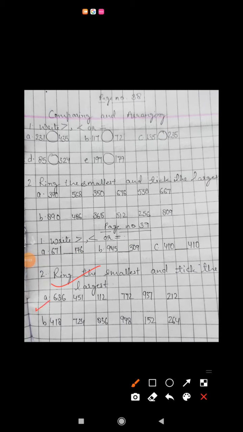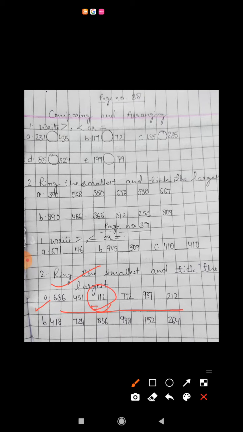A part, the numbers given are 636, 451, 112, 772, 937, 212. Here which is the smallest number? Beta, for this we have to see the digit on hundreds place. Okay, which is the smallest here? 1, na? So this number is the smallest and ring this number 112. And greatest number we have to search first.